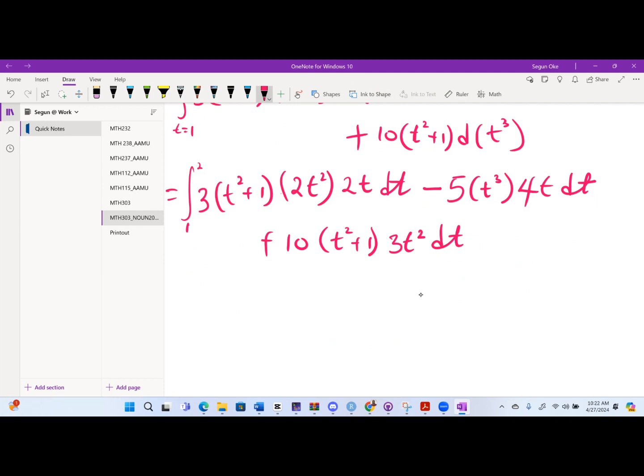Let's expand it, sir. We should expand all of them, the one with t squared plus 1 and the one of 10 into bracket t squared plus 1. Let's open it up. So this will be 3t squared plus 3.